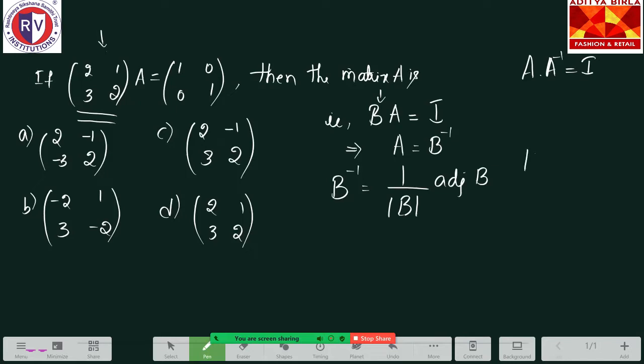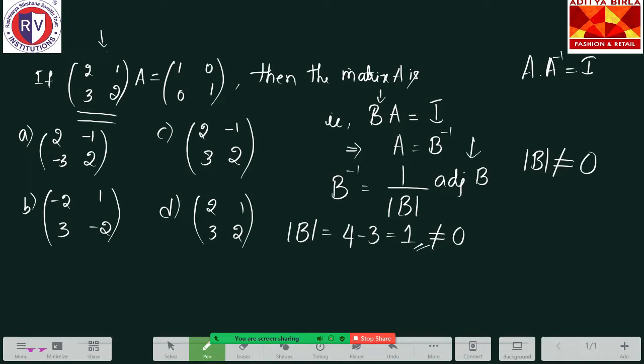The determinant of B must not be equal to 0. See here, what is the value of determinant of B? It is 4 minus 3, that is equal to 1, which is not equal to 0. Therefore, B inverse exists.